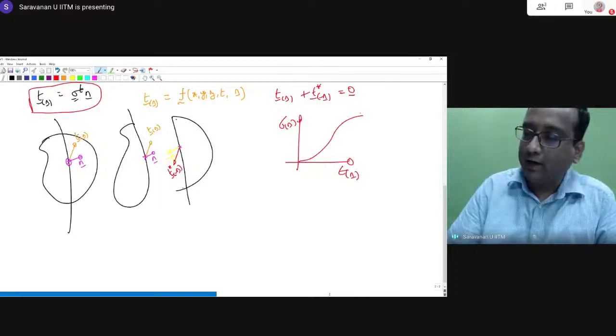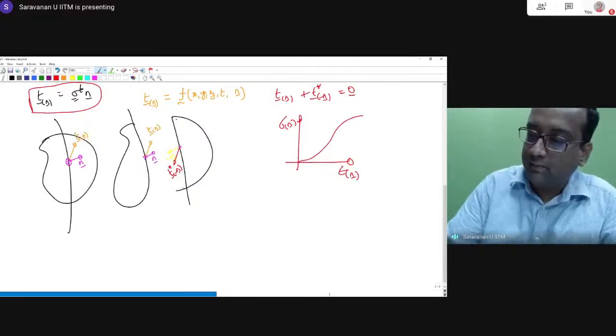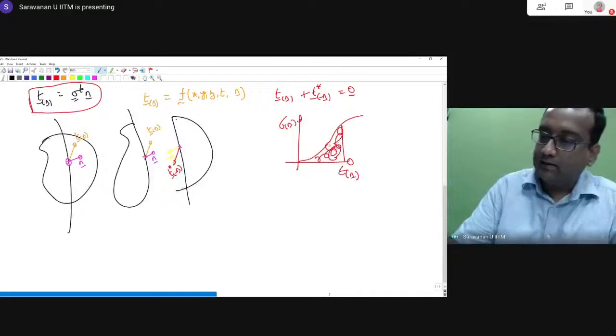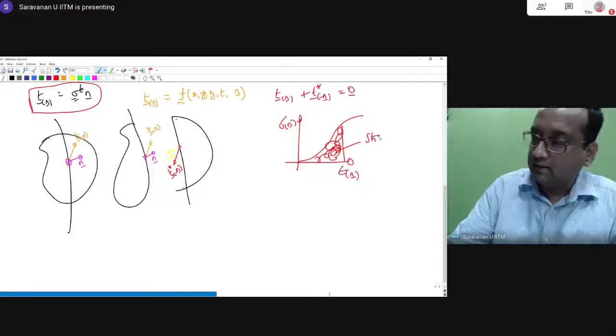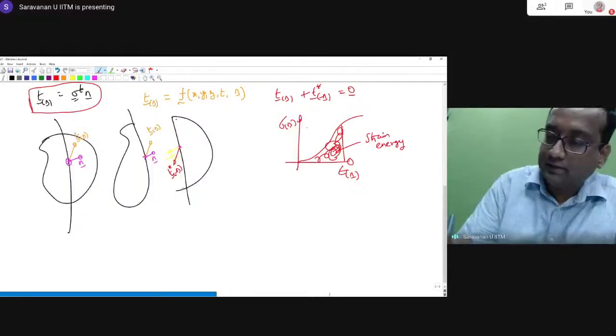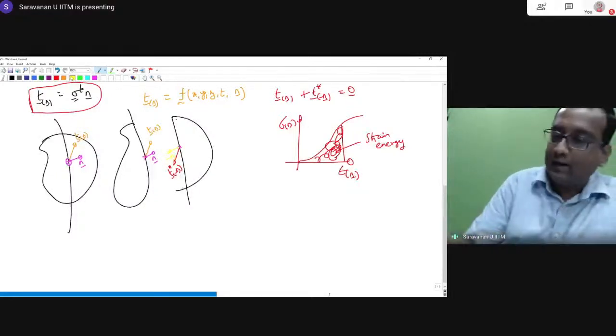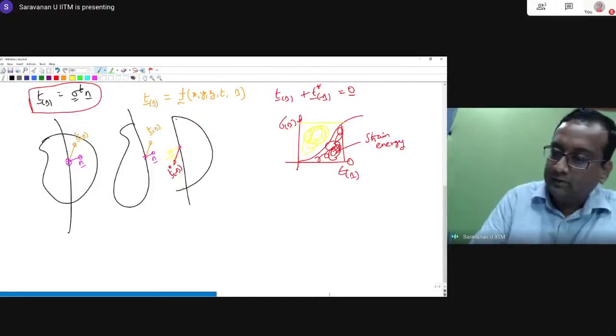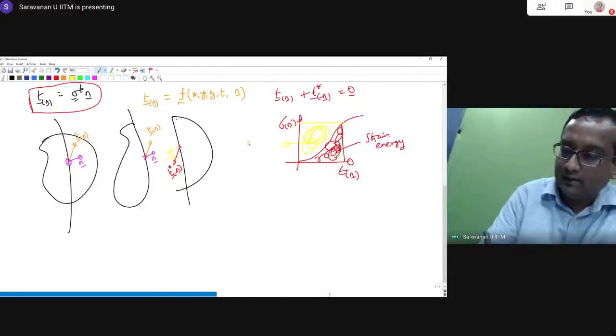If I integrate with respect to the strain here, I will get this area. This area is called the strain energy. On the other hand, if I integrate with respect to the stress, I will get this other area, which is the complementary strain energy.